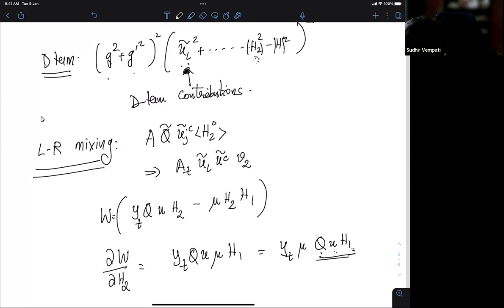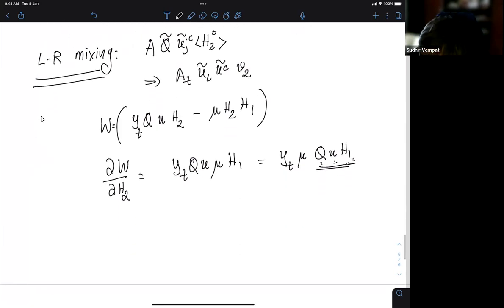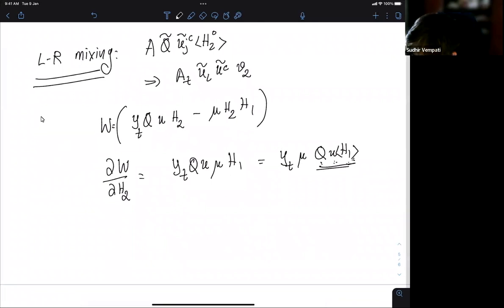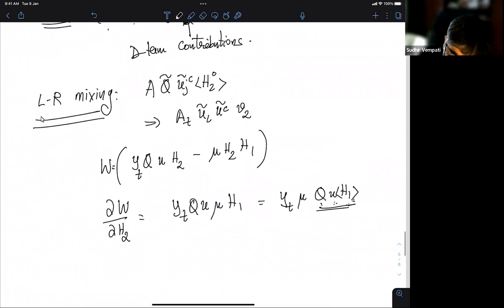So this kind of term is possible: up-type, down-type, and wrong type. So when the Higgs gets a vacuum expectation value, this gives me some v sin beta or cos beta sitting here, essentially. So you have left-right mixing.